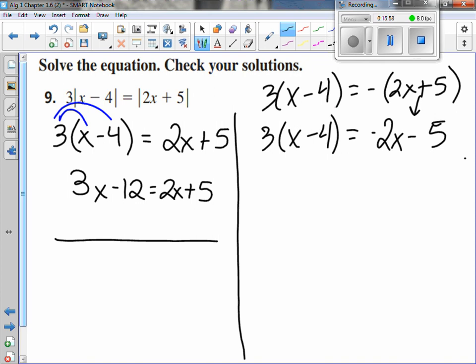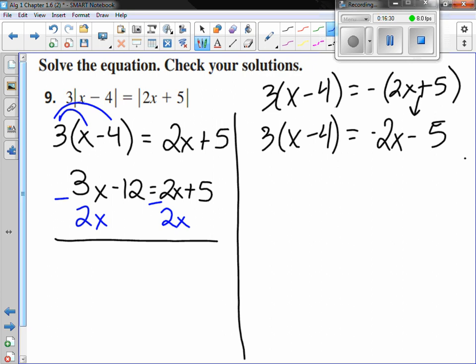So what do we want to do? What can we do next? What do you want to do next, Angel? Those two? So we want to move it to the other side? So how would I move it to the other side?